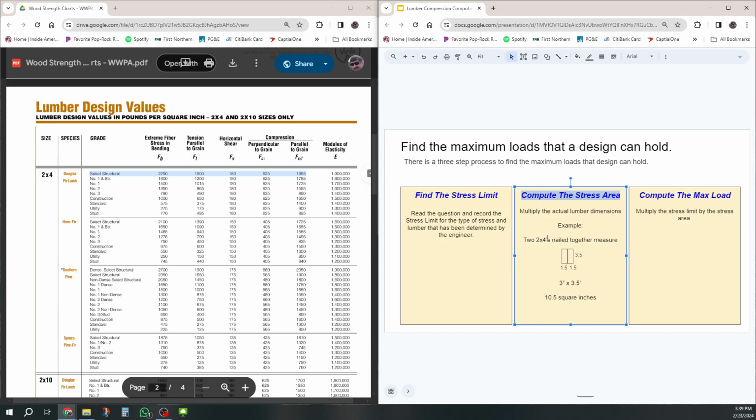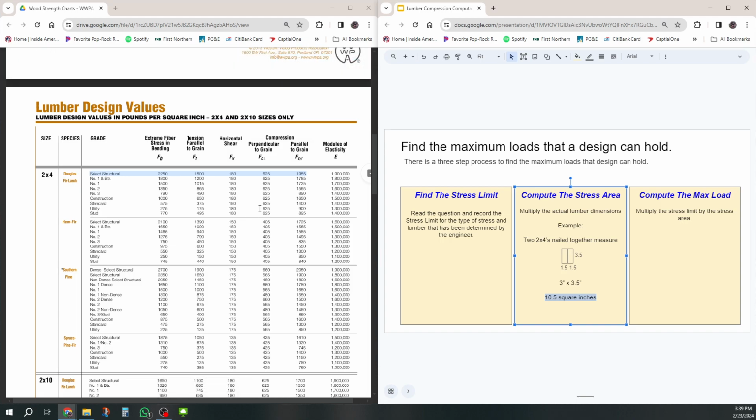So if I had two 2x4s nailed together, it would be a 1.5 plus a 1.5, a 3 by 3.5, 10.5 square inches. So if I multiply my stress limit, pounds per square inch, times how many square inches, I'll get how many pounds I can do. So let's do a quick example.